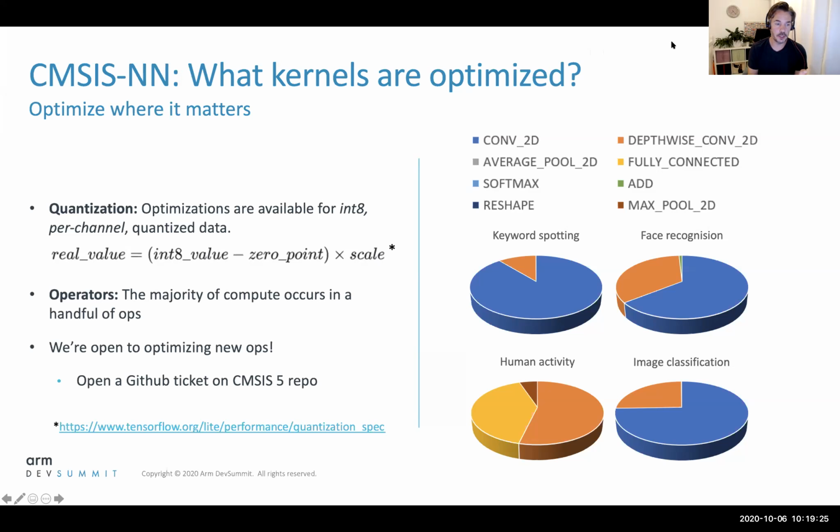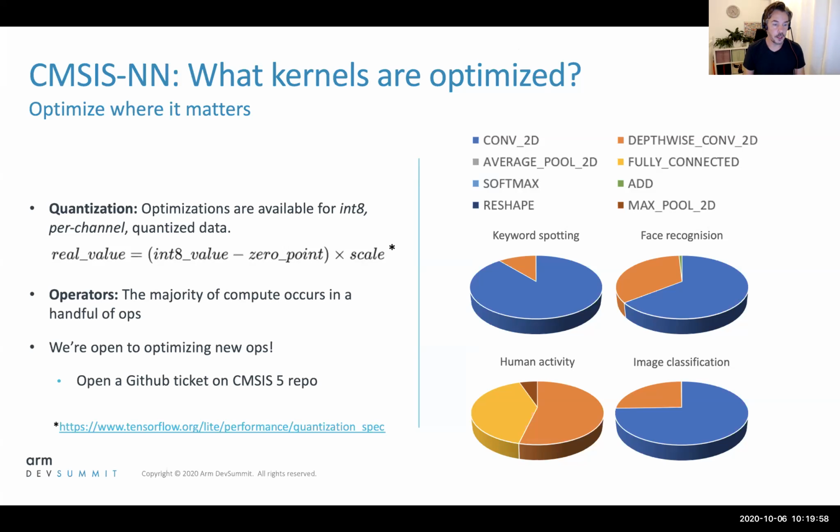You can see the relation between the real world value and the quantized value in the formula below. Now, TensorFlow Lite Micro supports asymmetric uint quantized data as well, but new tooling, new reference kernels, and so on will focus more on int8 data. I want to mention that because it sometimes can cause a little bit of confusion.